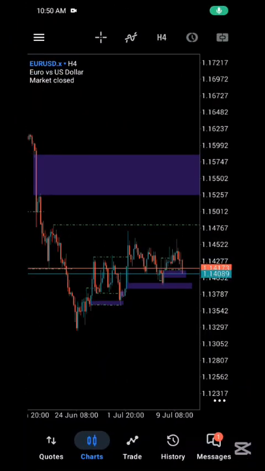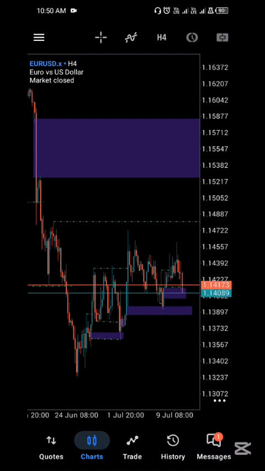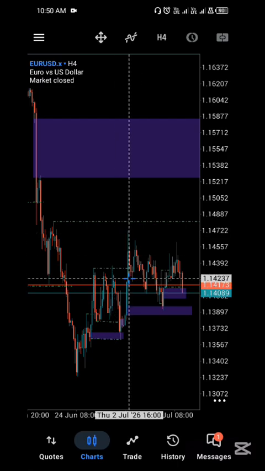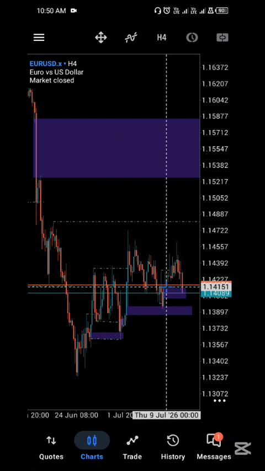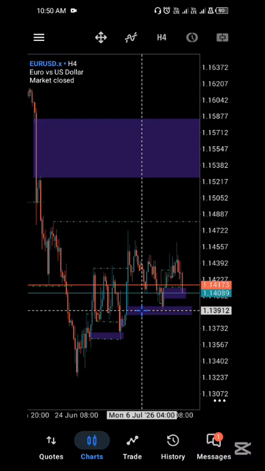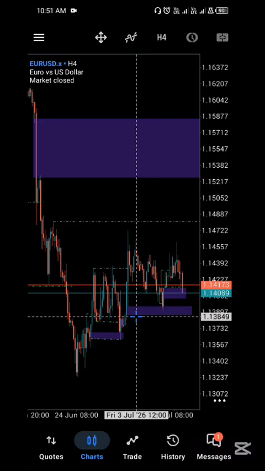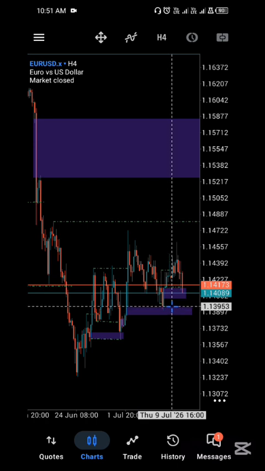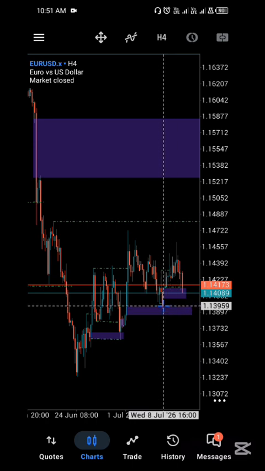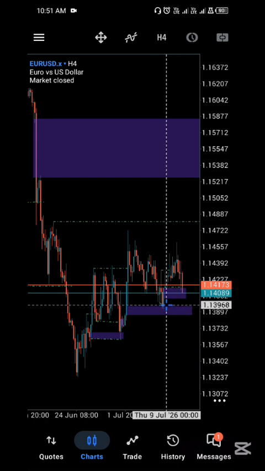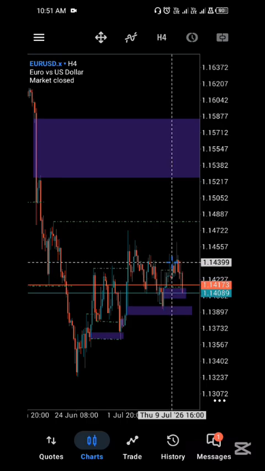Let me show you the setup that I was anticipating on Friday, though it played out during the market close. I saw this breakout structure, and I was waiting for the market to come back to this extreme and fill this fair value gap below here. We can see that the market came back to the extreme, reacted from the fair value gap and reacted to the upside.